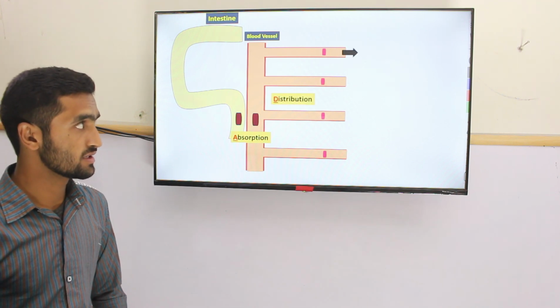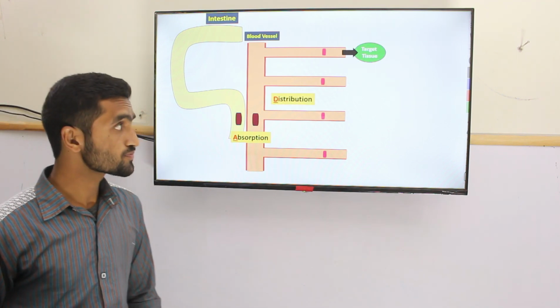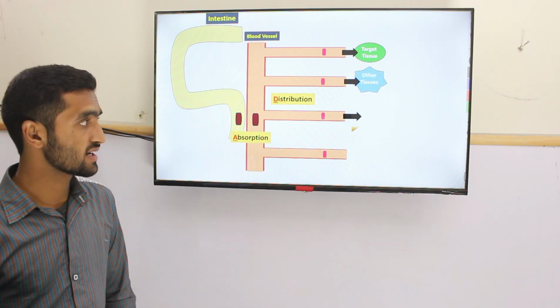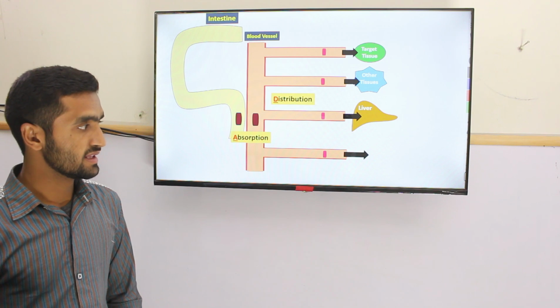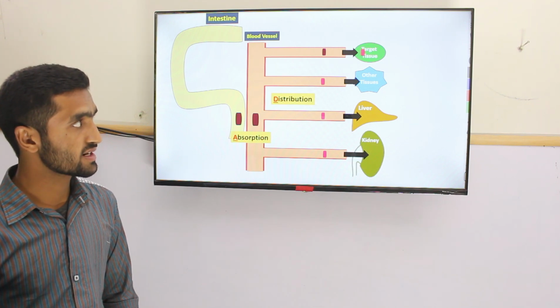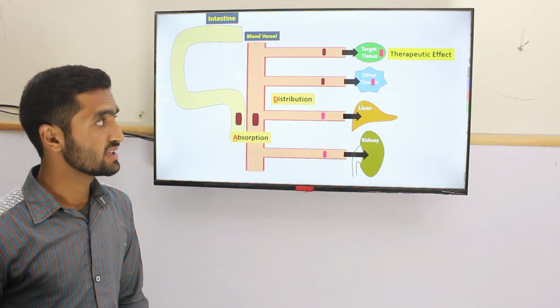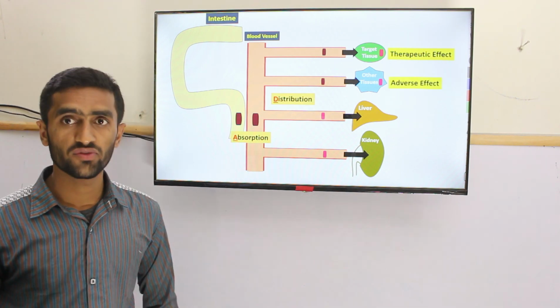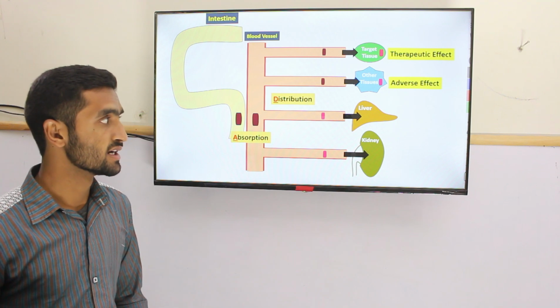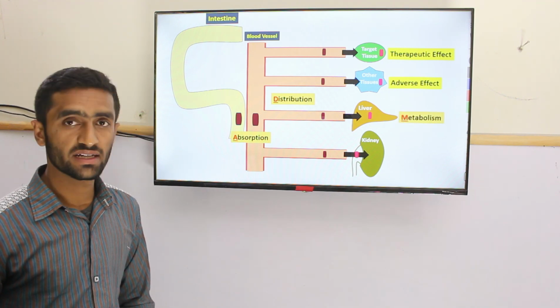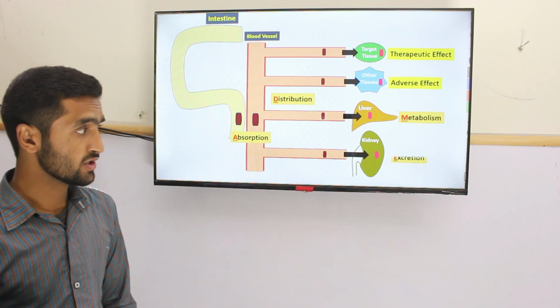It can reach the actual target tissue, and other tissues also, where it causes side effects: in the liver, where it is metabolized, and in the kidney, where it is excreted. The target tissue performs the actual job, the therapeutic effect, while in the other tissues it causes the adverse effect, also called the side effect.